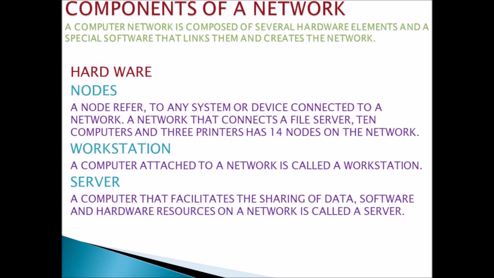So totally there are 14 devices connected in the network, and that we call a node. A node could be connected to the network with the help of a cable, infrared, or radio waves.